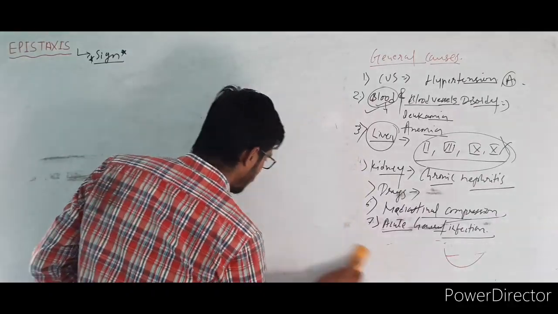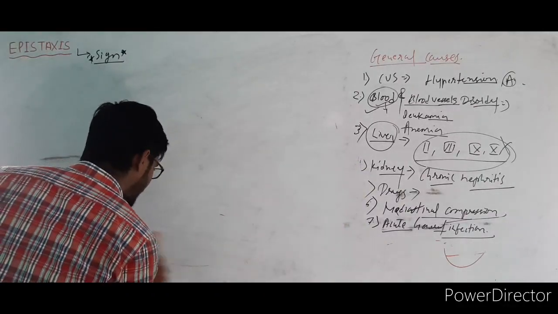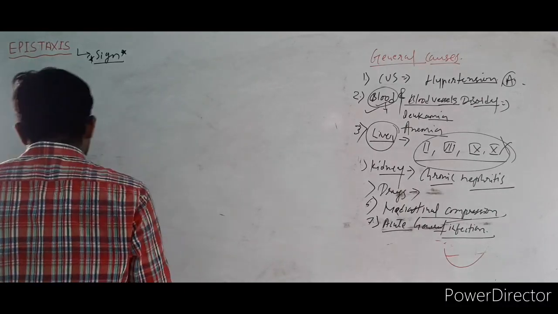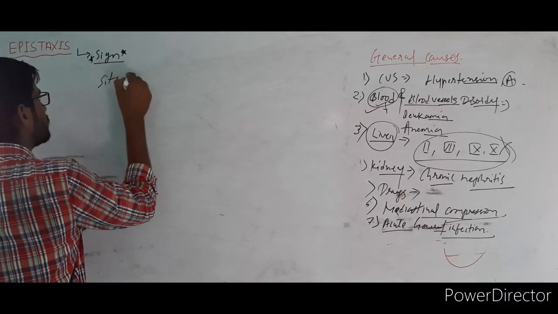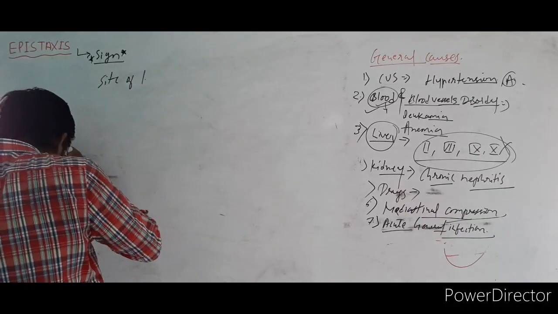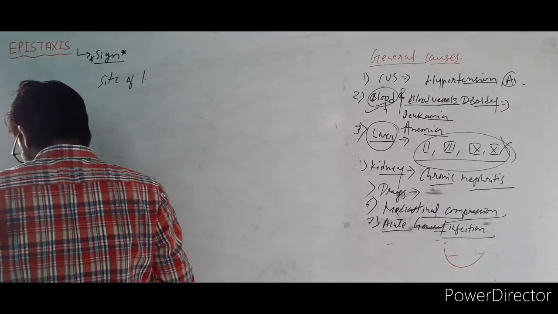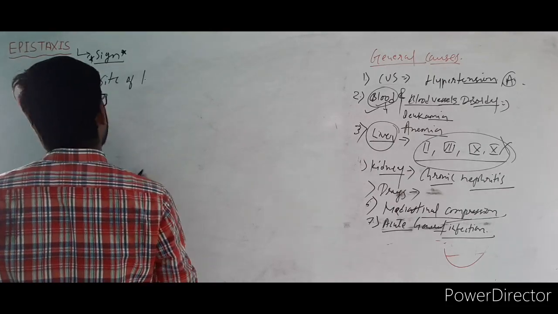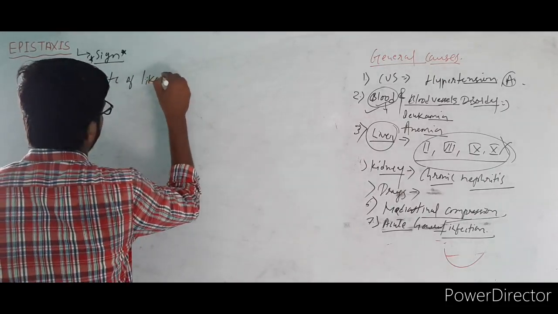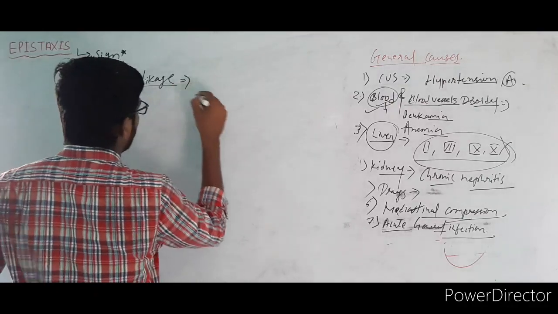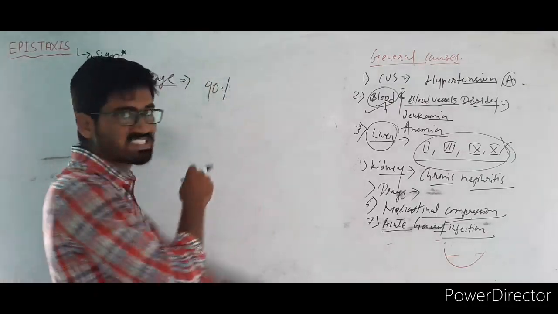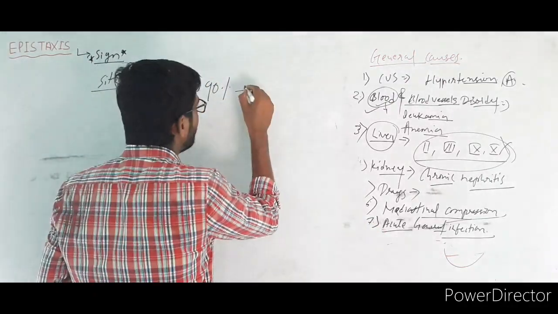Now what we have to see is the site of leakage. The site of leakage is a very, very important thing. In 90% of cases it happens in Little's area only.